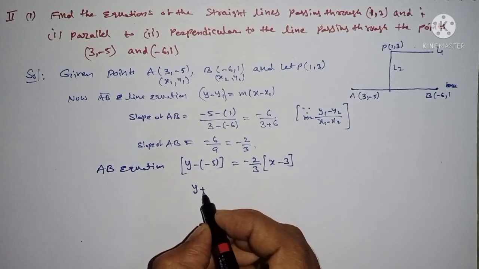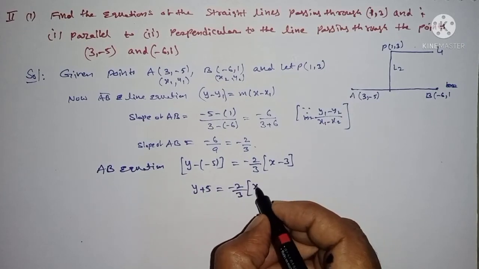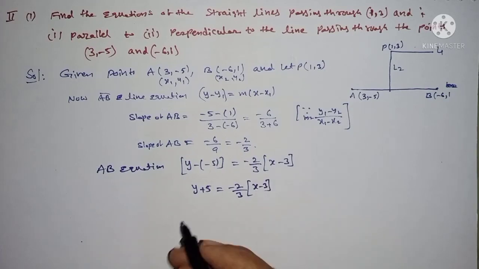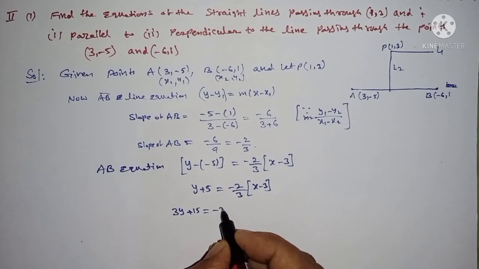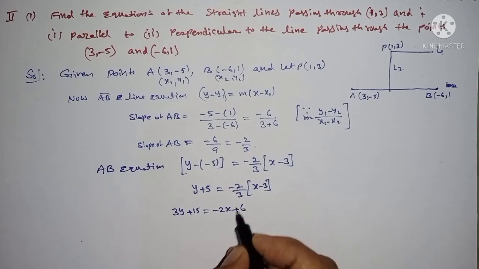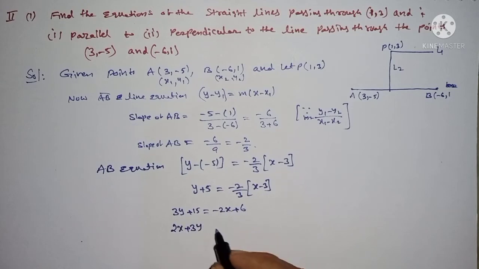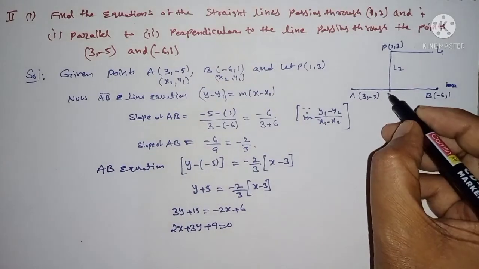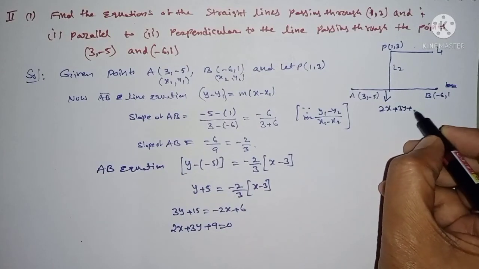Therefore, y plus 5 is equal to minus 2 by 3 into x minus 3. You can simplify this. 3y plus 15 is equal to minus 2x plus 6, or I can write directly 2x plus 3y plus 9 is equal to 0. This is the AB equation: 2x plus 3y plus 9 is equal to 0.